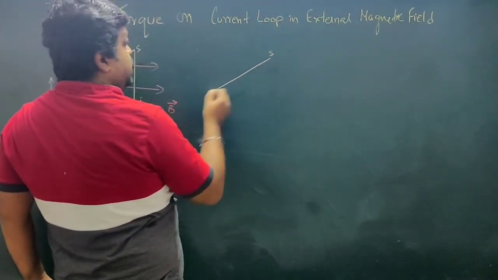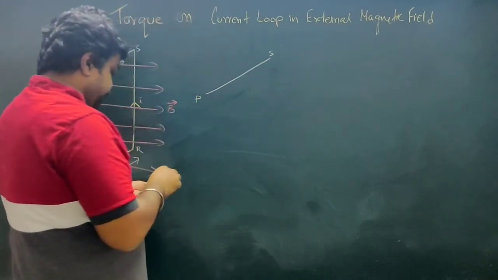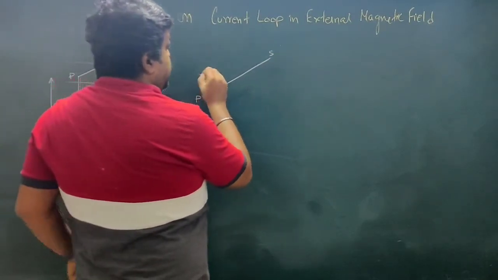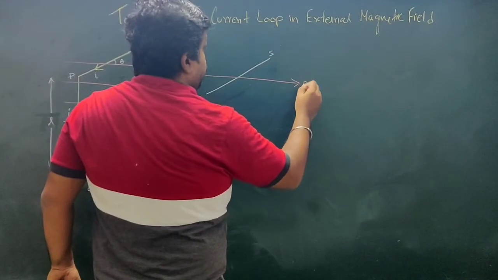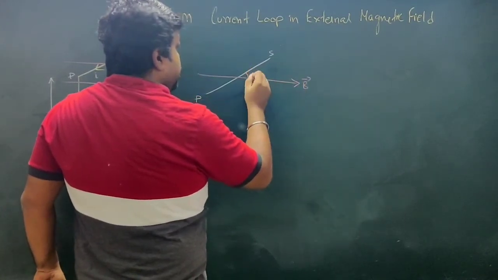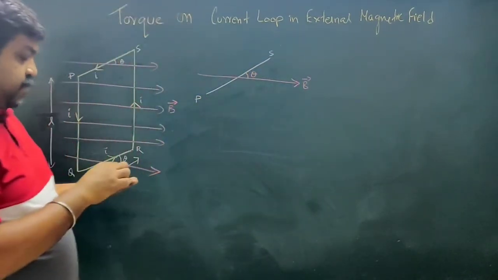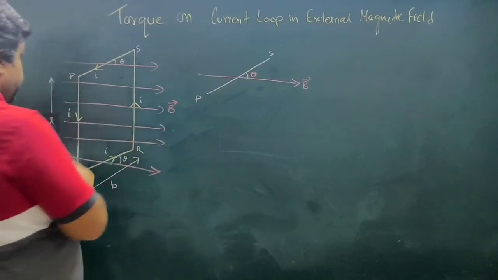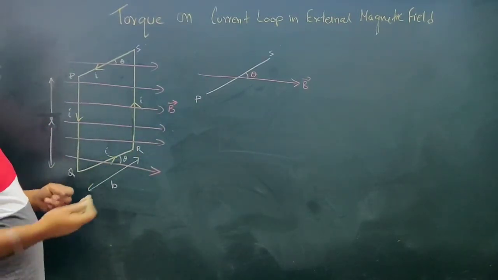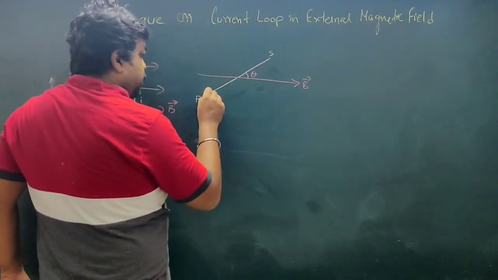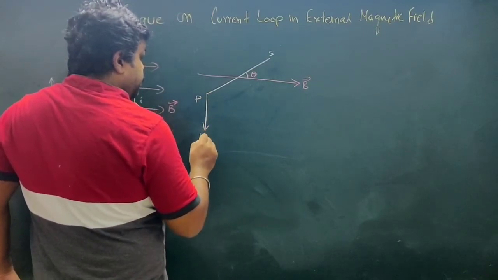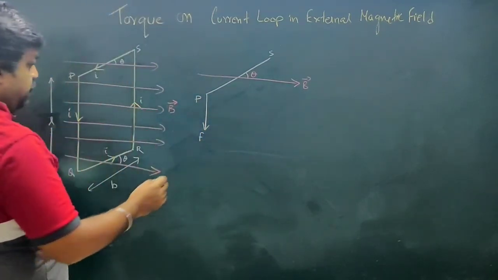This is S, this is P, and this is the direction of magnetic field. This angle is theta, and for this part force is acting in the forward direction. So this is F PQ.